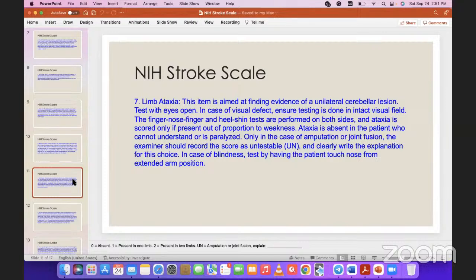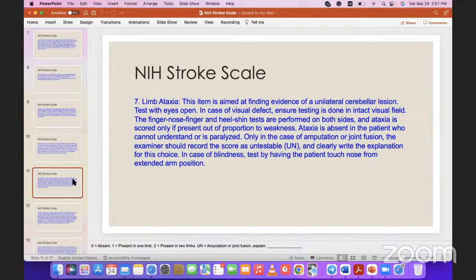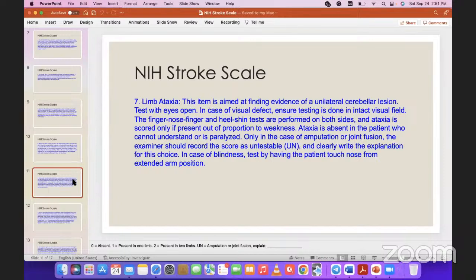Limb ataxia, number 7 here, limb ataxia. Usually, if the patient has a visual defect, we examine the patient with the finger-nose and heel-shin tests, performed in the good visual field. And ataxia is scored only if present out of proportion to weakness.